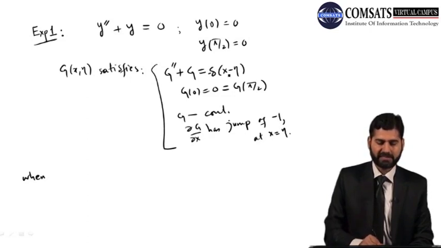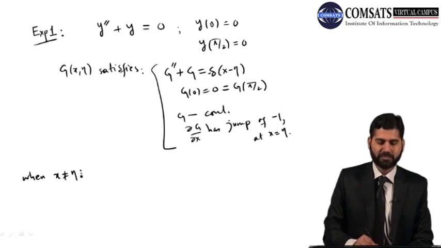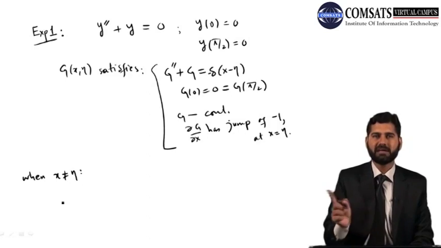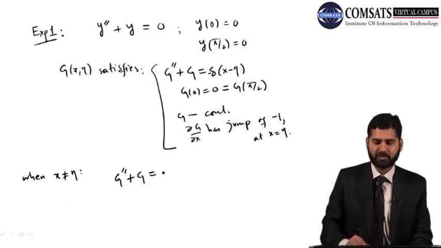Now, how to solve it? This g is not defined at x is equal to eta because the second derivative does not exist. So we have to keep ourselves apart from eta. We have to consider what is happening near eta but not exactly equal to eta. So we have the same differential equation as before, g double prime plus g is equal to 0.